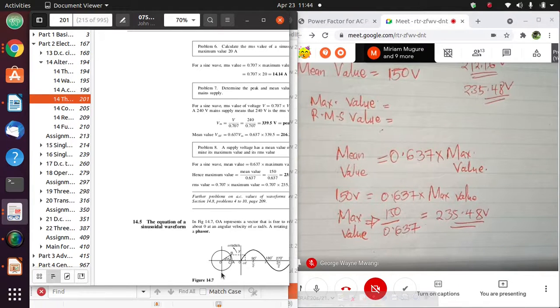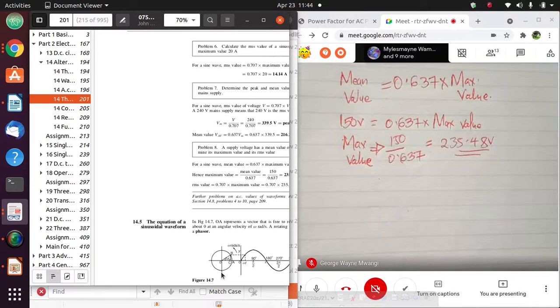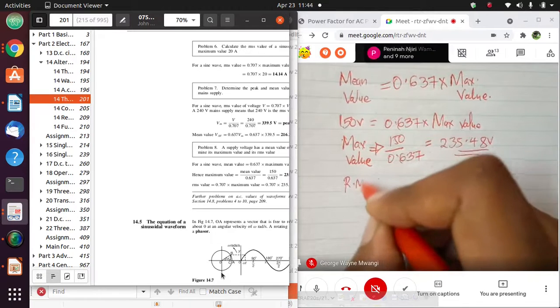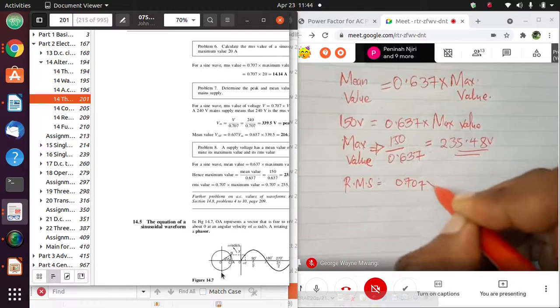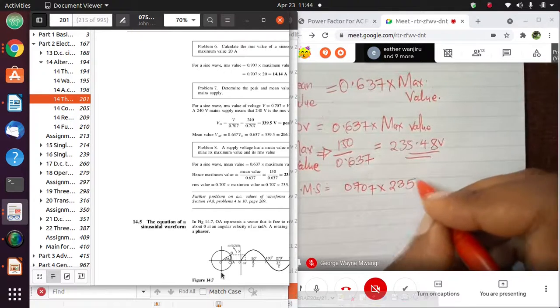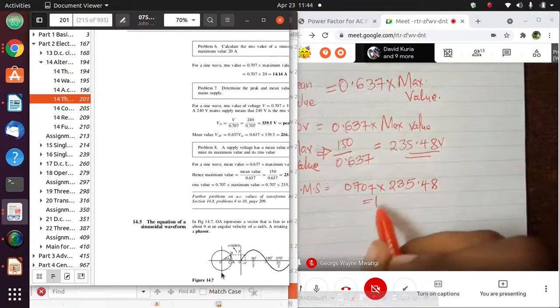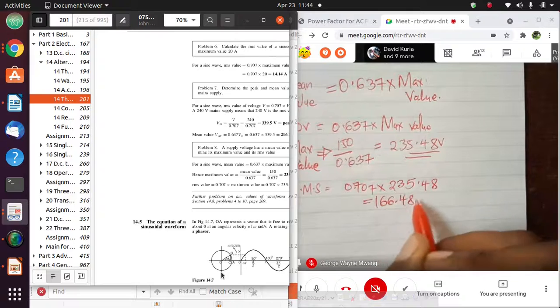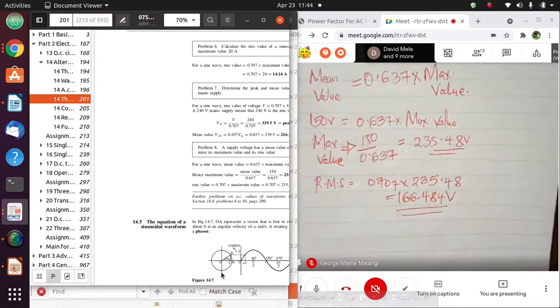How did you get 166? 0.707 times whereas we have got the maximum value as 235. The answer ni 166.484 volts. Yes. Is there a question?